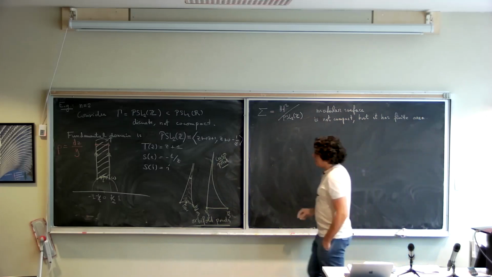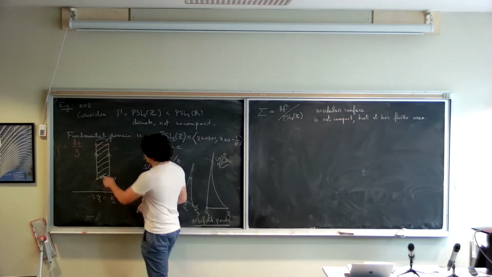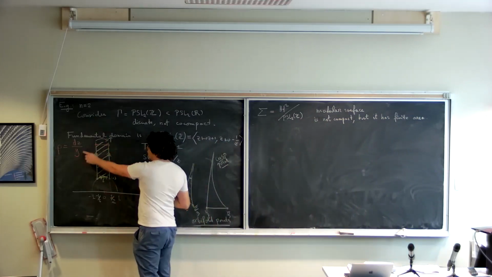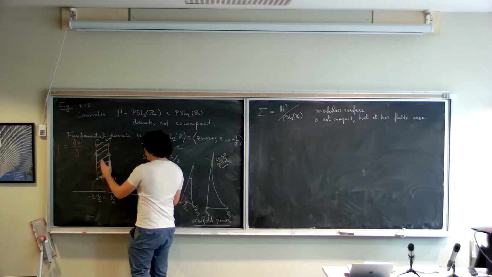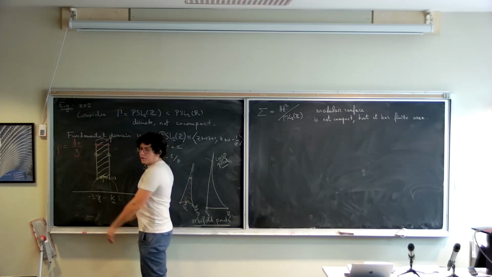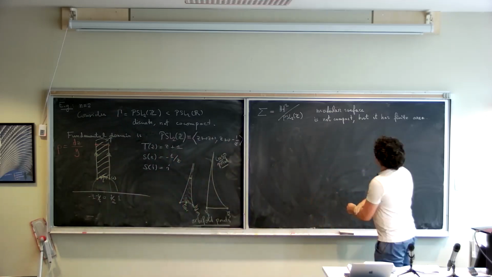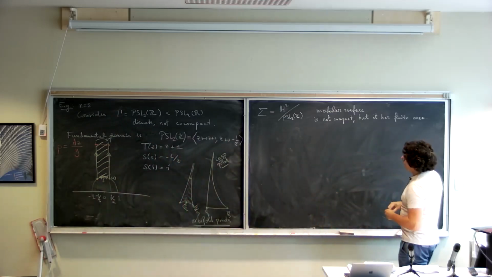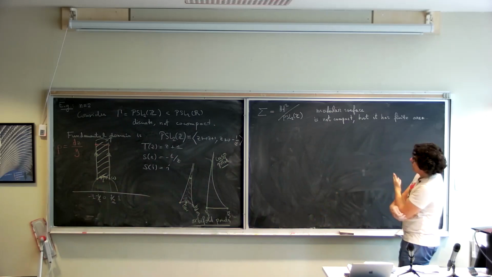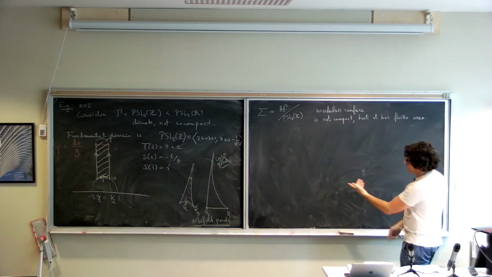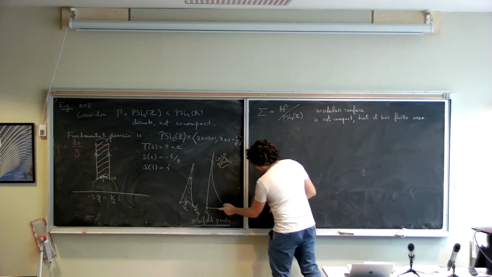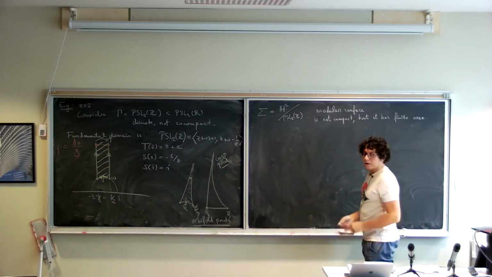The fact that it has finite area has to do with the fact that this grows like 1 over y. So you have to do the integral. It's not that complicated, but you have to do it. And so this is an example of a non-compact finite volume hyperbolic orbifold, because it's not quite a surface, because it has these two problematic points.